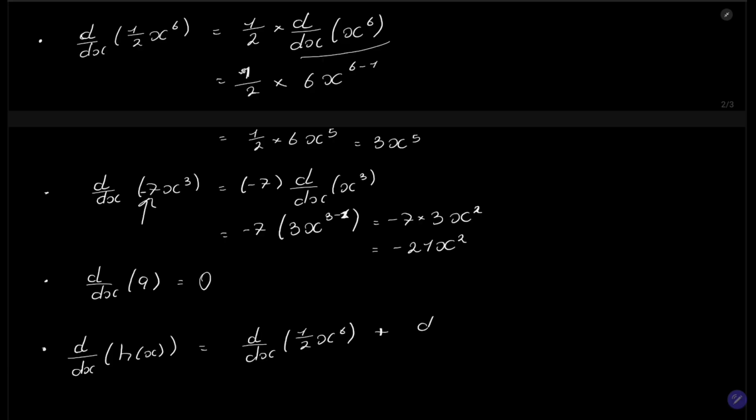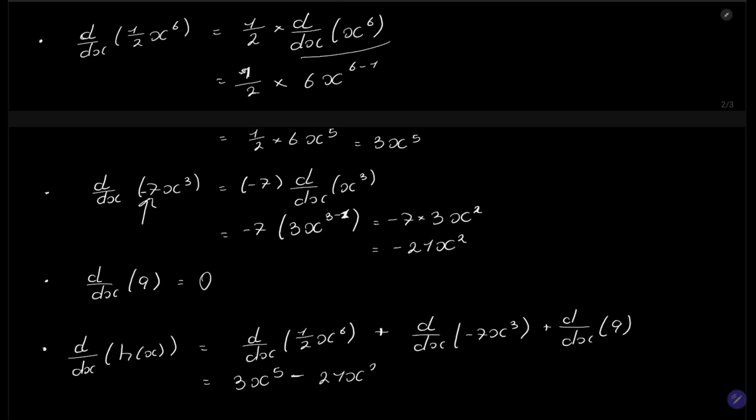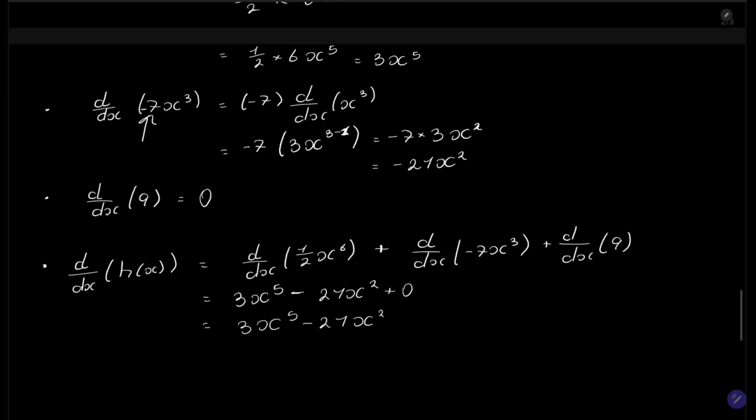So plus derivative with respect to x of negative 7x cubed plus derivative with respect to x of 9, which then gives us 3x to the power 5 minus 21x squared plus 0, which gives us our answer, 3x to the power 5 minus 21x squared.